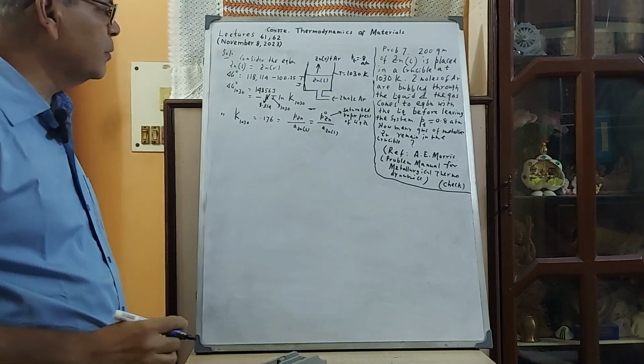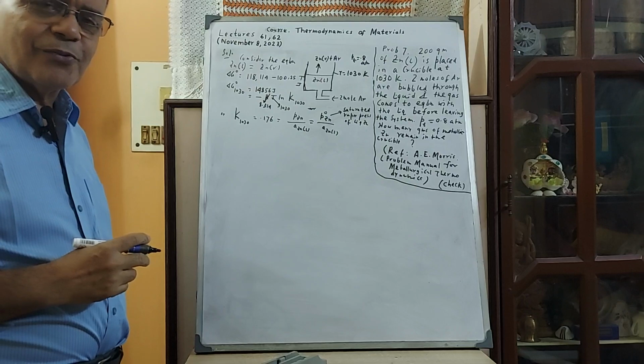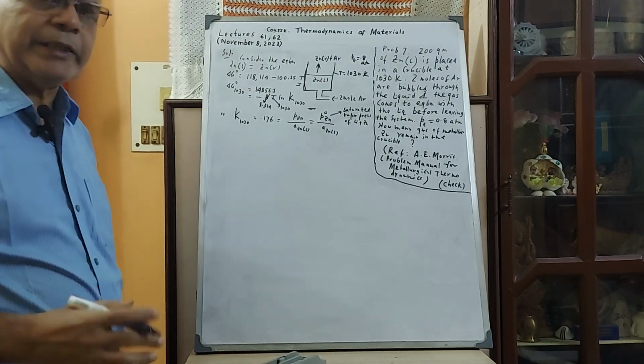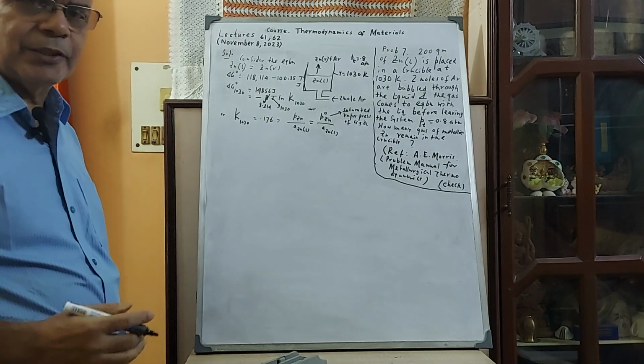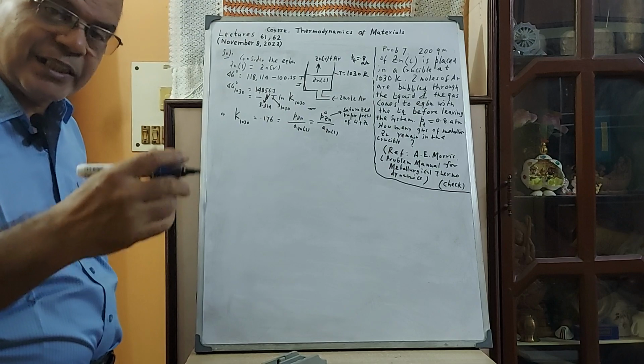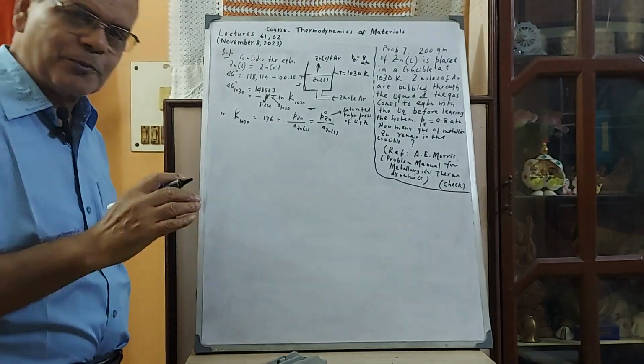I have not said here about delta G0. Anytime, any day, any moment, that's why another term is there: delta G equals delta G0 plus RT ln Q. Delta G0 positive is very much possible.